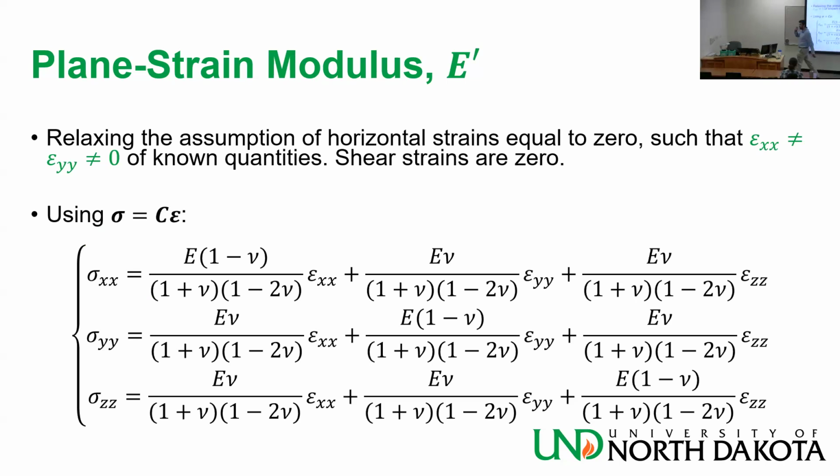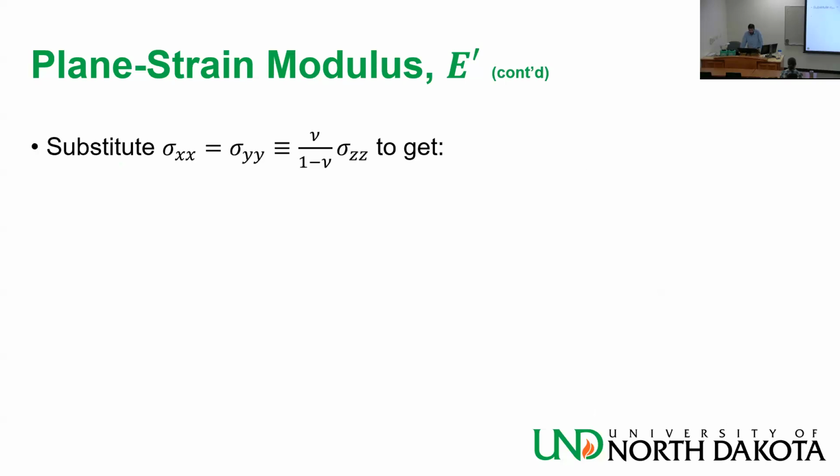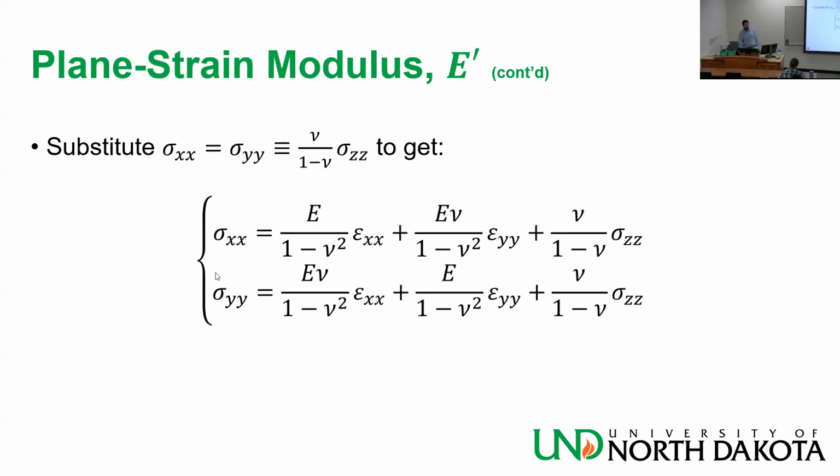And then you end up with these equations. We can simplify it by having sigma XX equal to sigma YY, and given by this equation for sigma ZZ. How about the XY and YZ? They are 0? Yeah, in the stiffness matrix there are 0 values, so they multiply by 0. So you don't care about them for now.